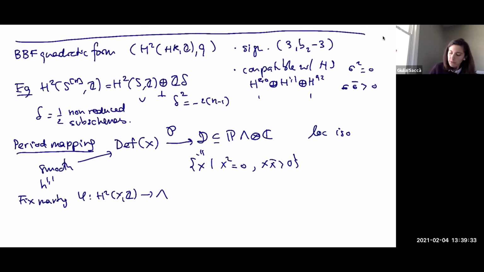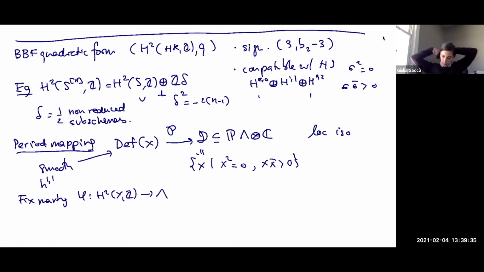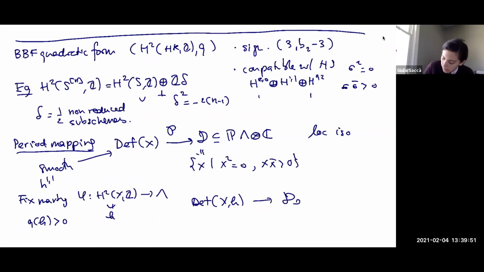And of course, since we're going to be concerned with polarized families, if we choose a class here corresponding to an ample line bundle, then its square is positive. And then the periods of the deformations of X together with H lie in the intersection of the period domain with H perp, the orthogonal complement.